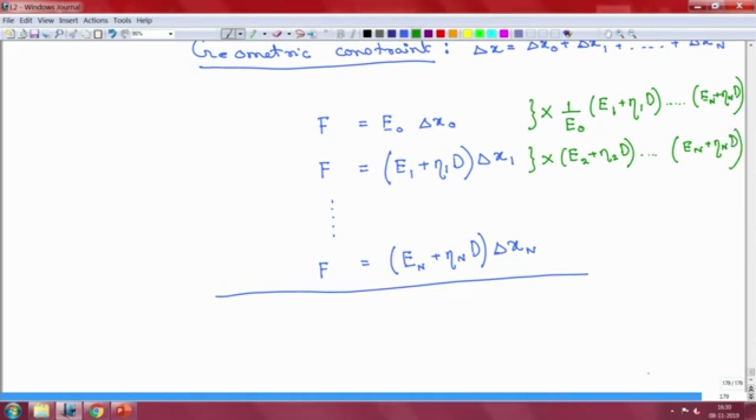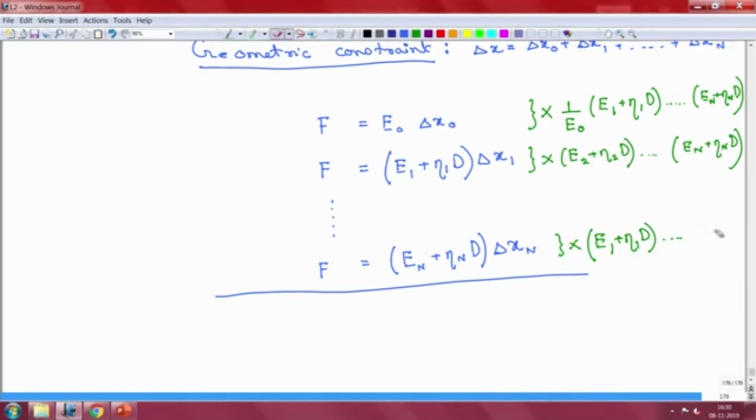Similarly, for the last case, you can argue that you are going to multiply it, you will start off with the first element and then you will end with the n minus 1th element.